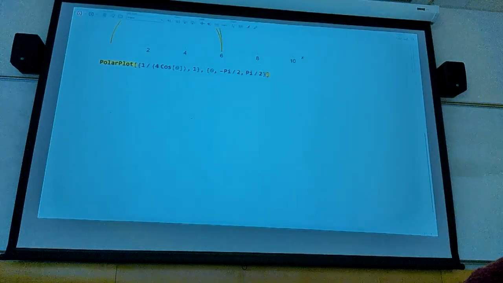One over 4 cosine of theta, and the other one they wanted was 1. Escape, type in theta, escape. Theta, they told us the range, right? Minus pi. That should be all I need.